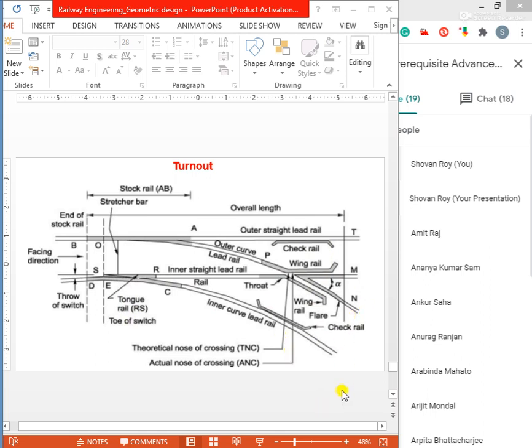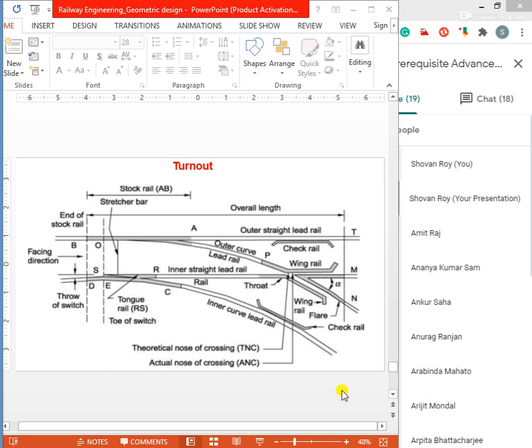But other things, the technology, the setup, the construction, have changed over time. So for a beginner, in the initial stage, we should know the basic important things.